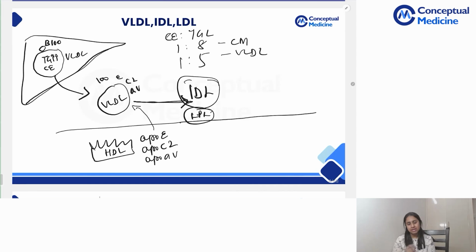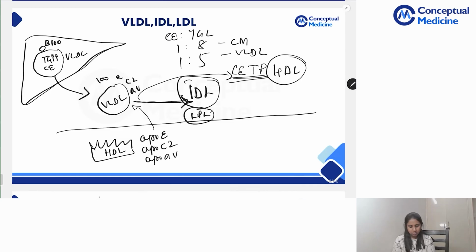To a certain extent, with the help of the enzyme CETP, which is called cholesterol ester transfer protein, some amount of transfer will also happen between your VLDL and your HDL. So your HDL also comes into the picture here.